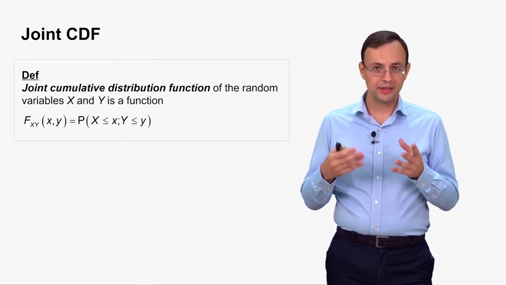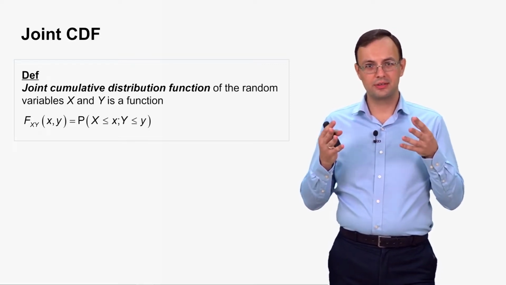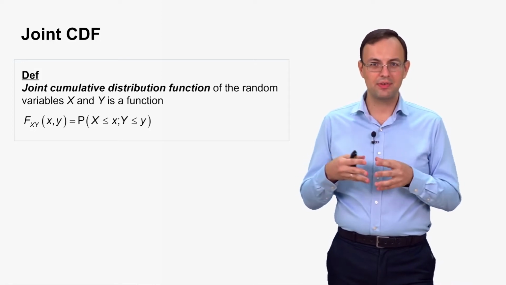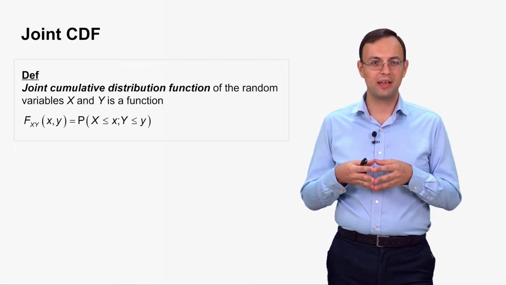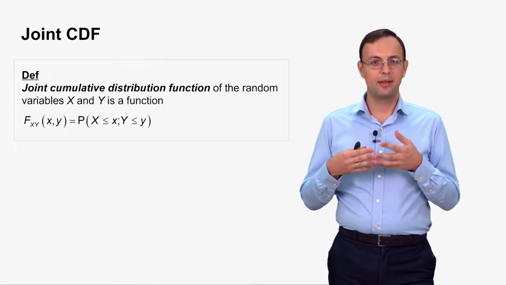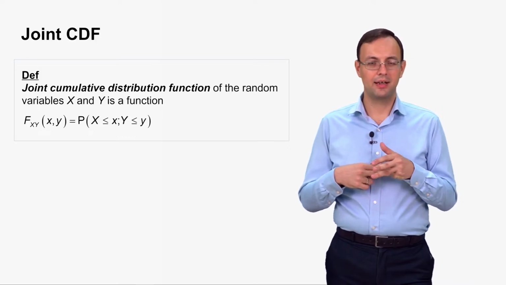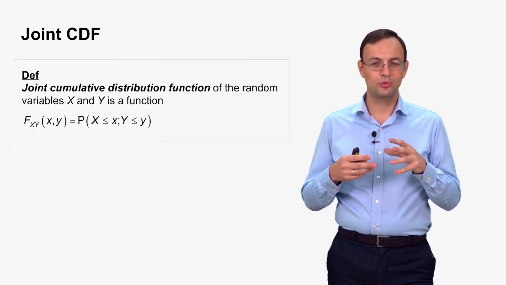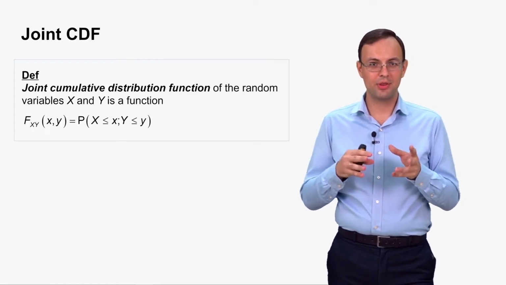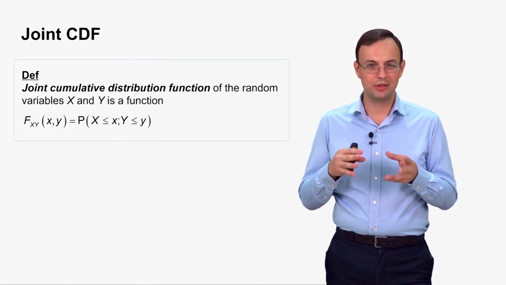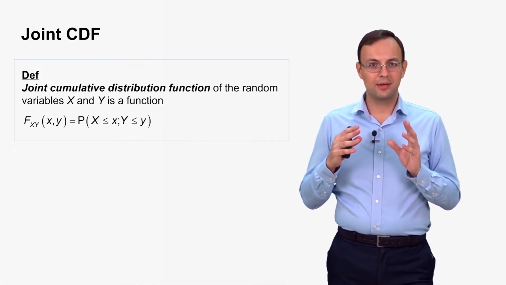Joint CDF exists for both continuous and discrete random variables, and its definition is very similar to the scalar case. The value of the joint CDF is the probability that x is less or equal than small x and y is less or equal than small y. So this is a joint probability.